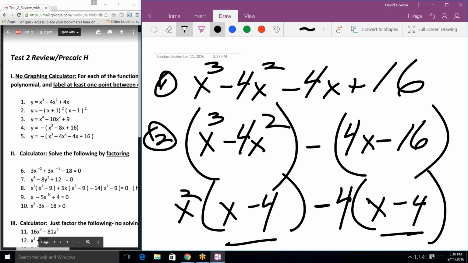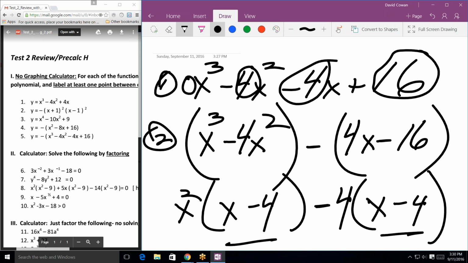And what you have to look for when you're factoring cubics is the ratio of the coefficients. In other words, the ratio of this coefficient to that coefficient has to be the same as the ratio of that coefficient to that coefficient. Otherwise, grouping is not going to work. And I mean that absolutely. If they are not exactly equal, then grouping cannot be used.